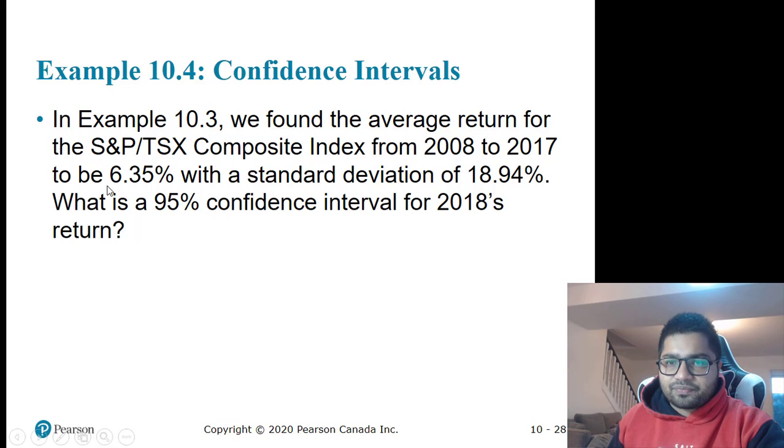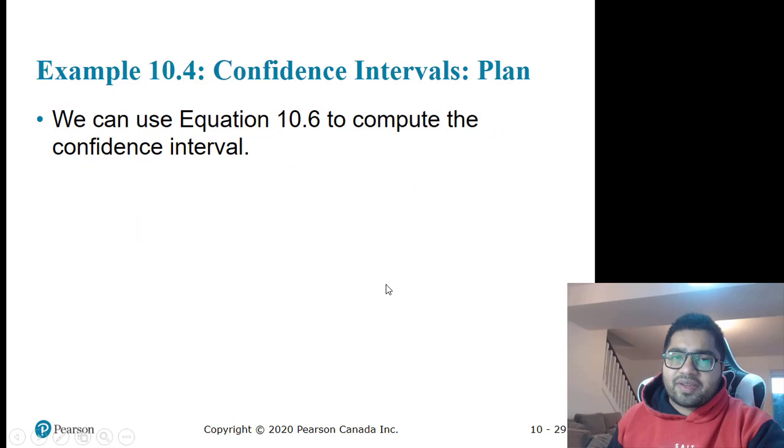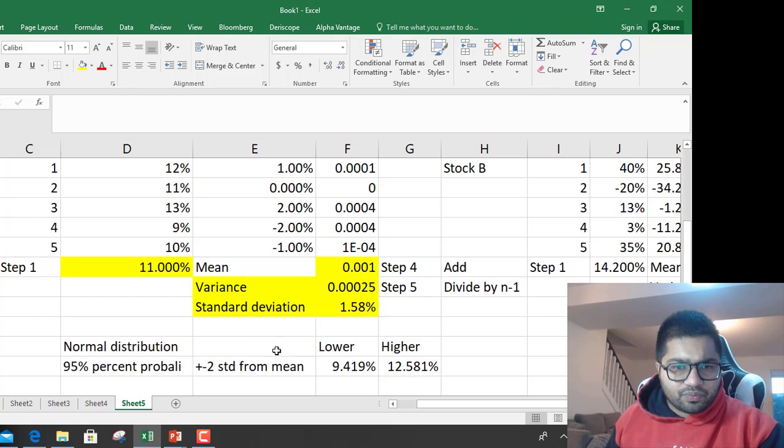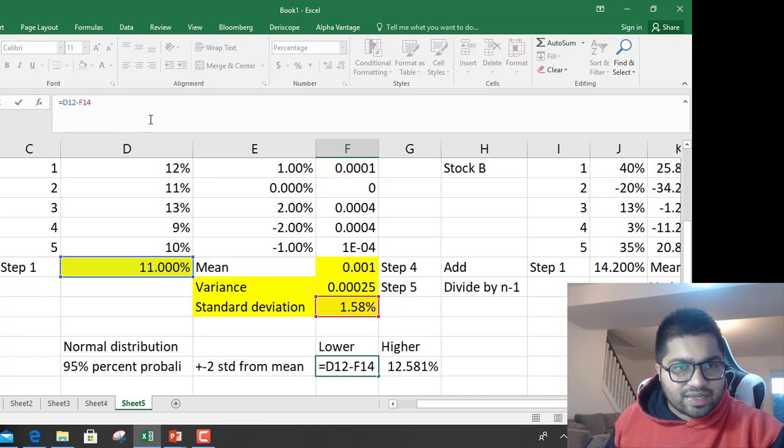Lower limit is mean minus standard deviation. Upper limit is mean plus standard deviation. Okay, so mean minus standard deviation and mean plus 2 standard deviations. Did we do 2? No, we did not. So it should be 2 standard deviations.